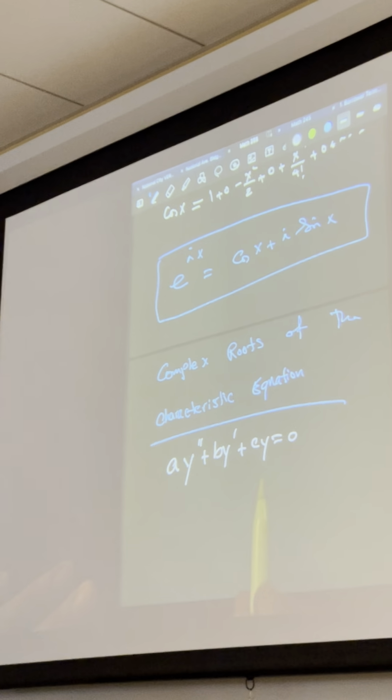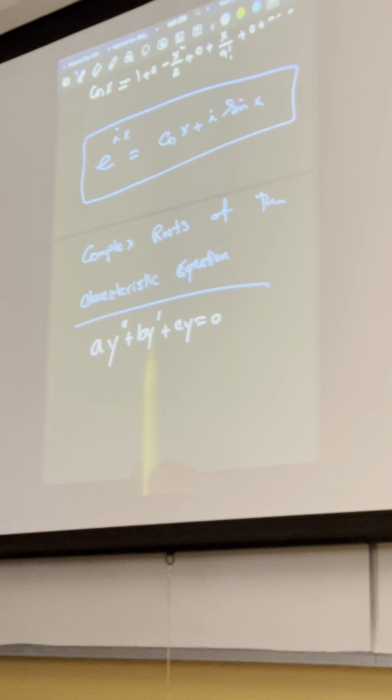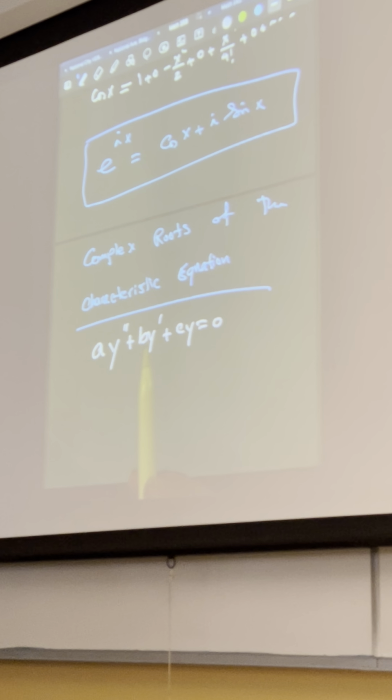Remember, A, B, C are constant coefficients, not functions of t right now. A, B, and C are real numbers.